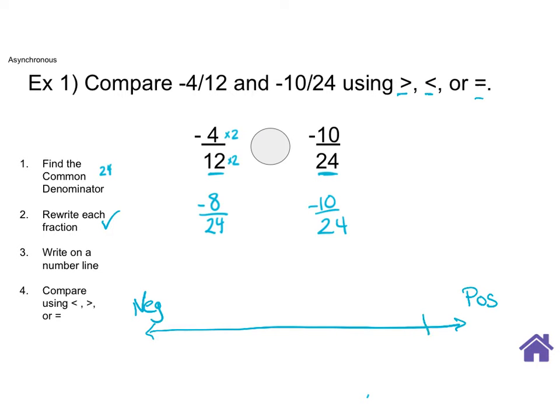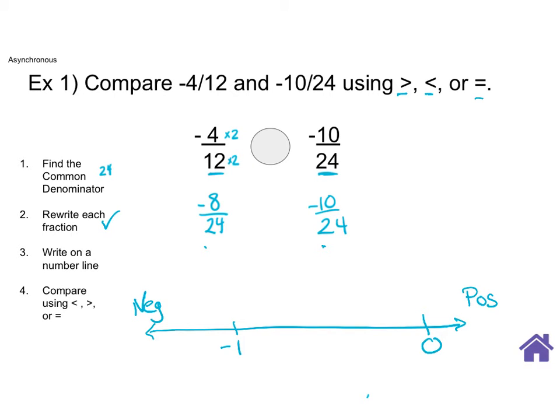Since they're negative, I'm going to put 0 here, and they're between 0 and -1, so I'm going to put the -1 here. As we're going here, we're talking 24ths, right? So think about your number line. This has more, -10/24, and this is -8/24, okay?